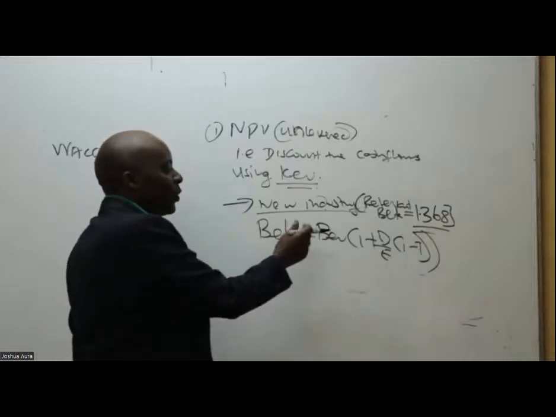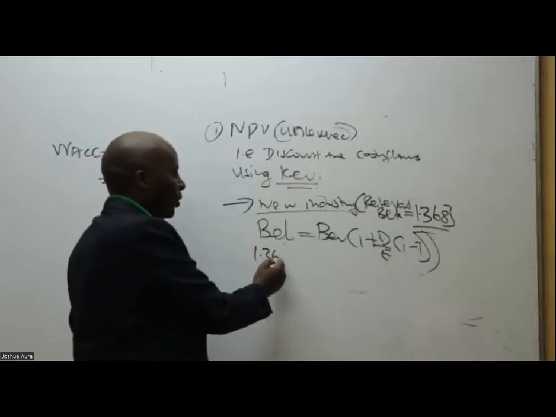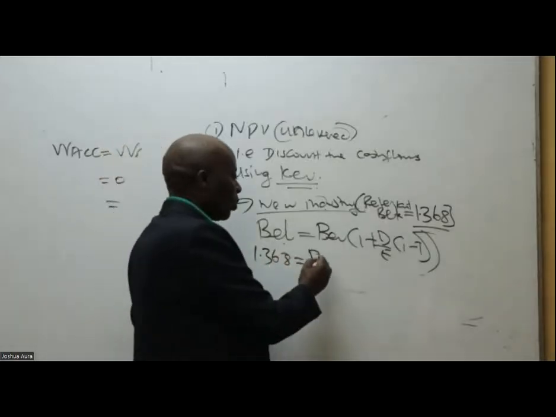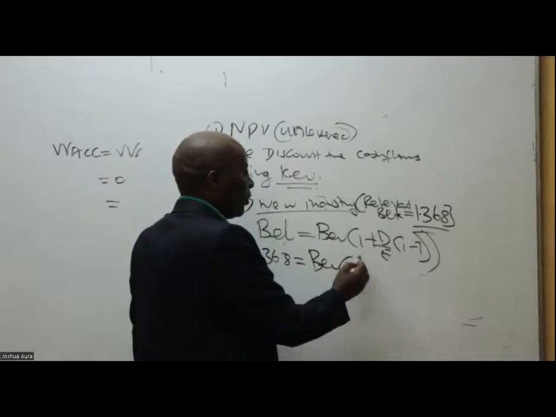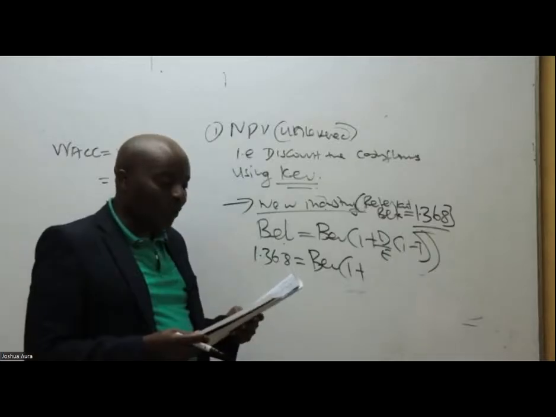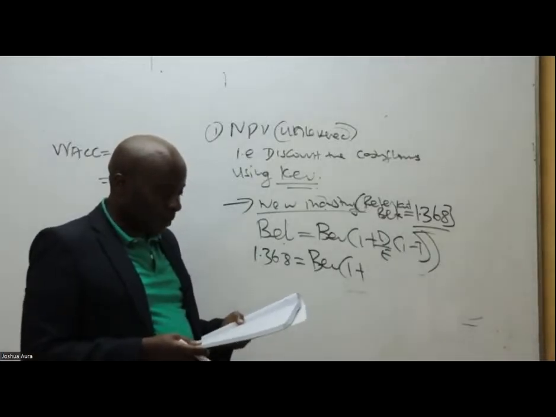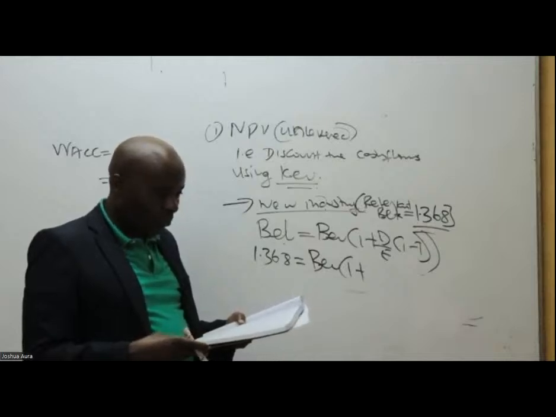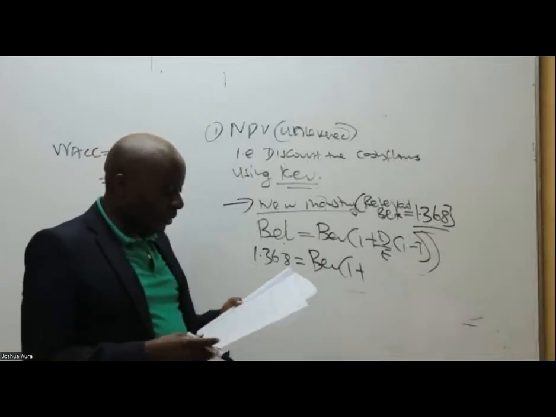So the beta we already have is 1.368, which equals the beta we are looking for, times 1 plus the debt to equity ratio of the new industry. They are telling me it's 1.5.